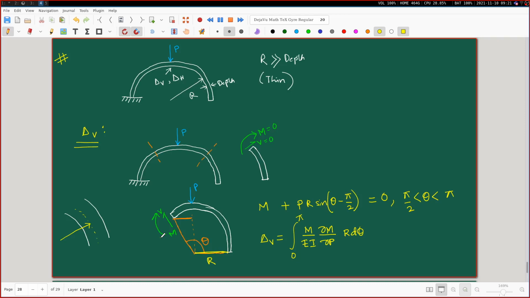Here we do have a force at the point where we are interested in finding the horizontal deflection, but the unfortunate thing is that this applied force is in the vertical direction. We do not have a force in the horizontal direction. So we have to artificially introduce a force in the horizontal direction, proceed as usual, and then finally set that artificially introduced force equal to 0.